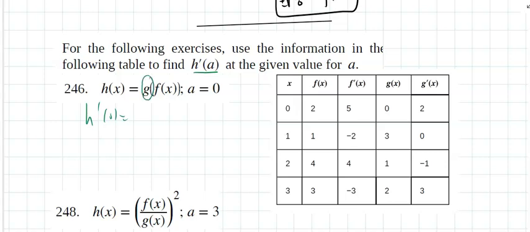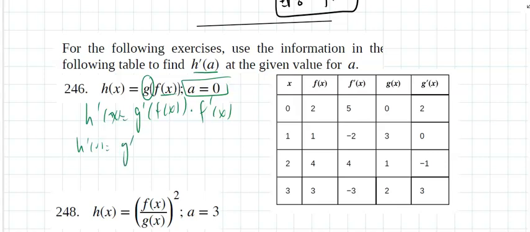You take the derivative of the outsidemost function times the derivative of the inside. And this is the derivative at x. If you plug 0 in, that's g prime of f of 0 times f prime of 0.